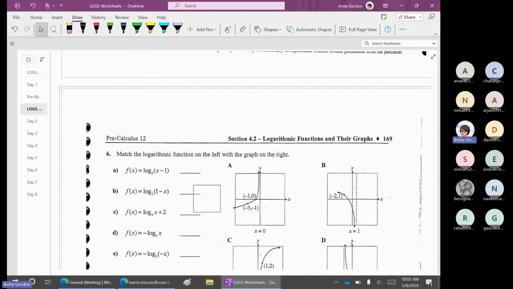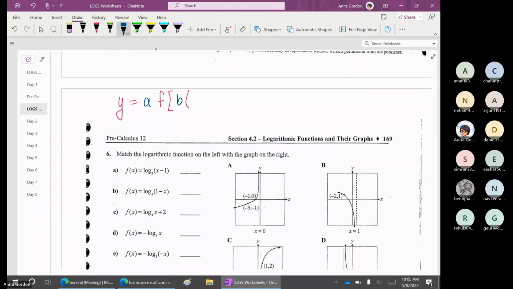Okay, here we go. y equals a f of (b(x minus h)) plus k. Okay, we know what a, b, h, and k are.